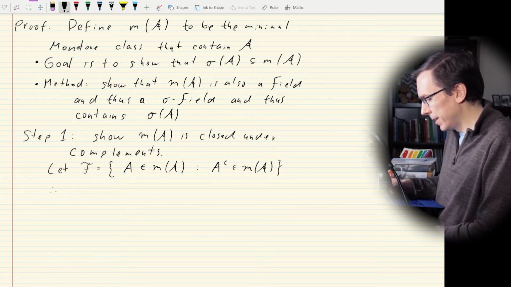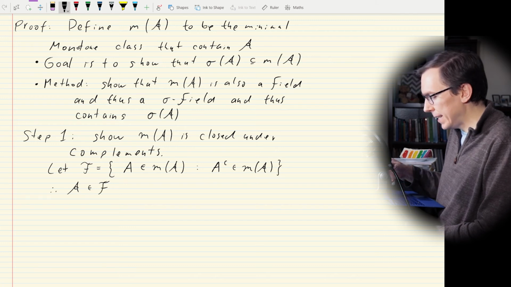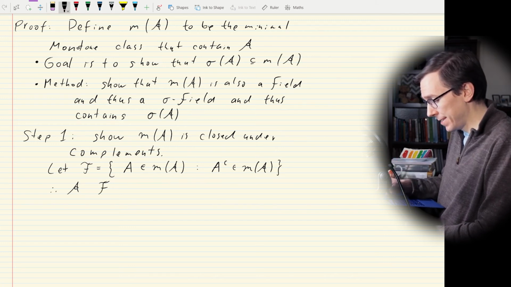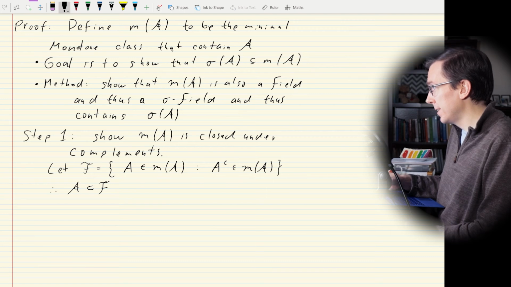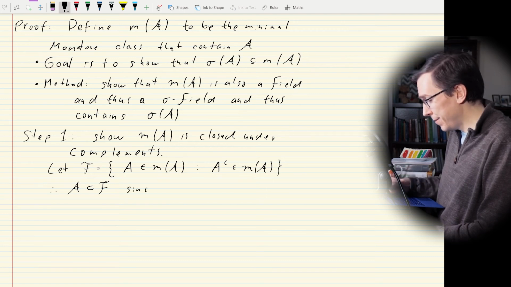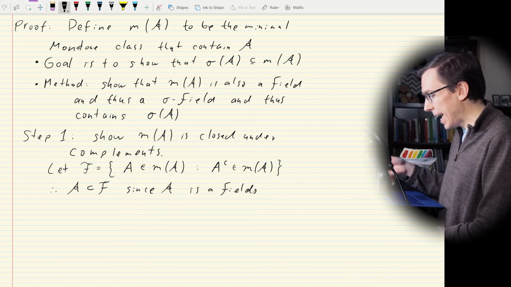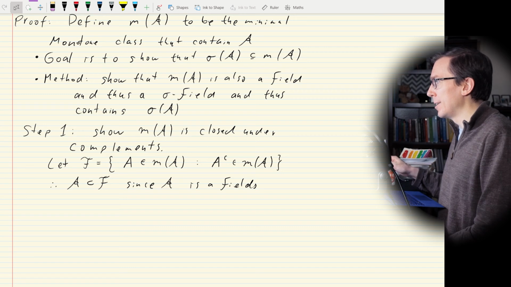So therefore, script A is in F, not in F, sorry, a subset of F, since A is a field. It's closed under complements. So, of course, A is going to be in there. What else is in there?